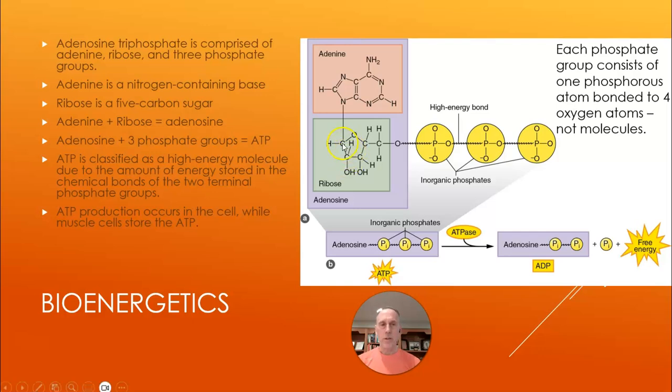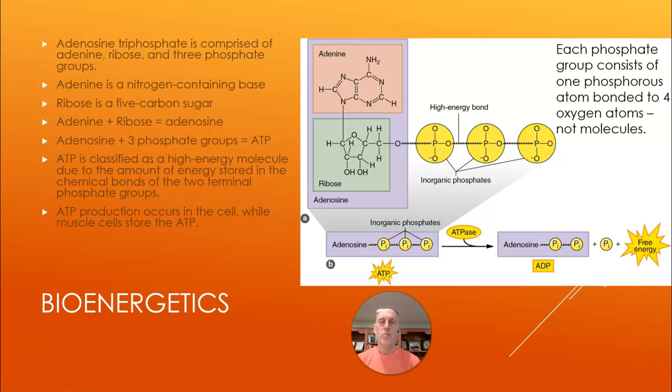You can see the carbons in here, 1, 2, 3, as you go around, and you've got an extra one over here, 1, 2, 3, 4, 5. The adenine plus the ribose gives us the adenosine. The adenosine plus these 3 phosphate groups, the P in the middle of each, gives us ATP.